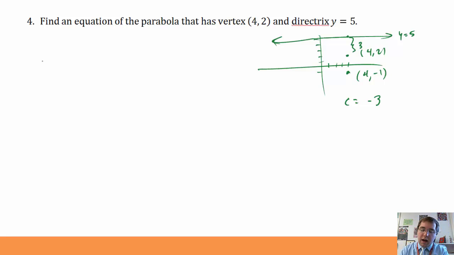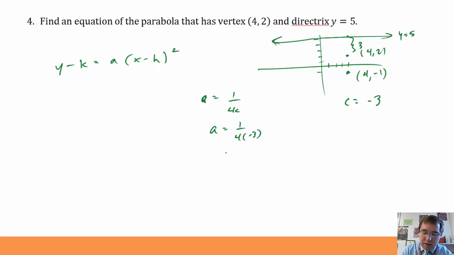This opens vertically, so that means the x term is squared and the y term is on the left side, so I must have y minus k equals a times x minus h quantity squared. Alright? a, remember, is 1 over 4c, so let's find a. a is 1 over 4 times negative 3. a is negative 1/12.